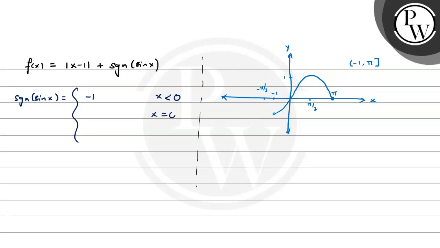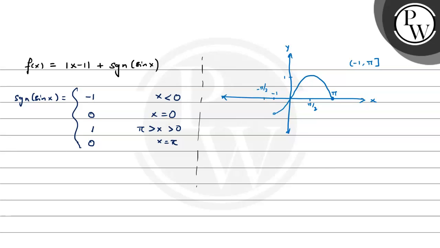At 0, the functional value sin x is 0, so signum is 0. Now for x greater than 0 and less than pi, the functional value of sin x is greater than 0, and therefore signum will give us +1, and at pi sin x is 0, and so signum of sin x is 0.